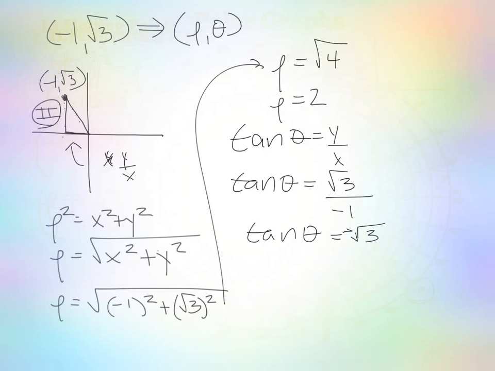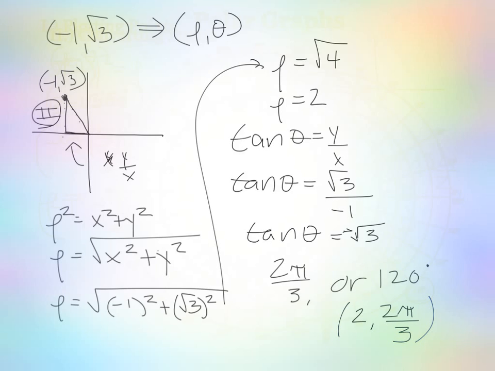Sorry, I can't write on this. We know that the radian measure in the second quadrant with a tangent value of negative square root of 3 is 2 pi over 3, or 120 degrees. So your final point conversion would be 2 and then 2 pi over 3.